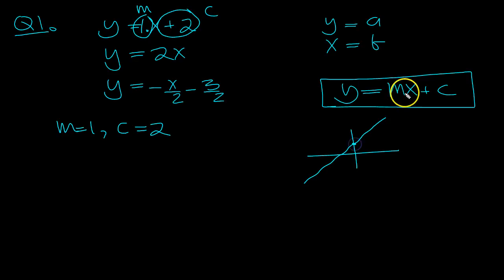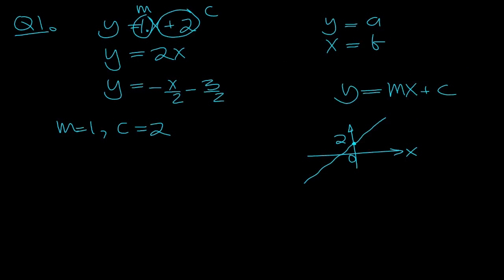Intercept 2, so when x is 0, 0 times m is 0, and you get y equals 2, don't you? So that's why this value here is 2 when x is 0. The input is 0, put it in, you get an output y equals c, which is 2. So that's called the intercept, the value 2, and m is called the gradient.